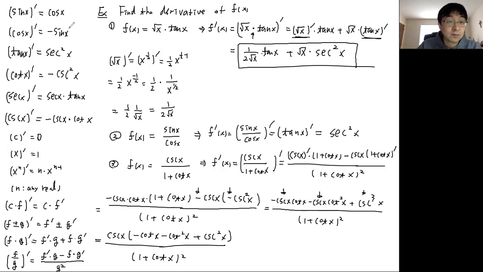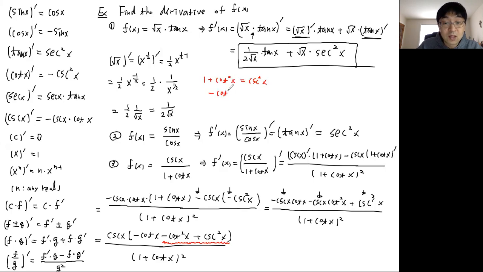The next one. How can you simplify this one? Negative cotangent squared plus cosecant squared of x. So do you know this identity? This is exactly Monday's class: 1 plus cotangent squared of x equals cosecant squared of x. So subtract the cotangent squared of x from both sides.